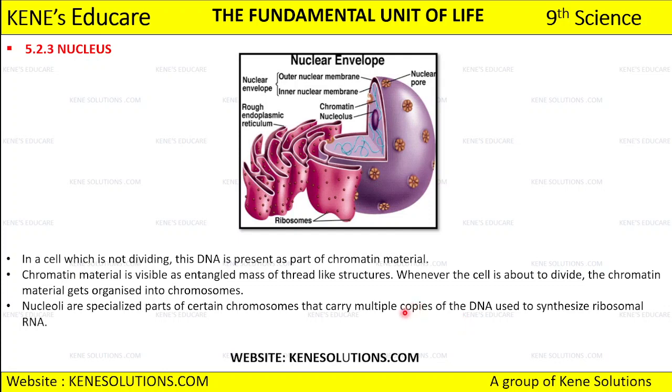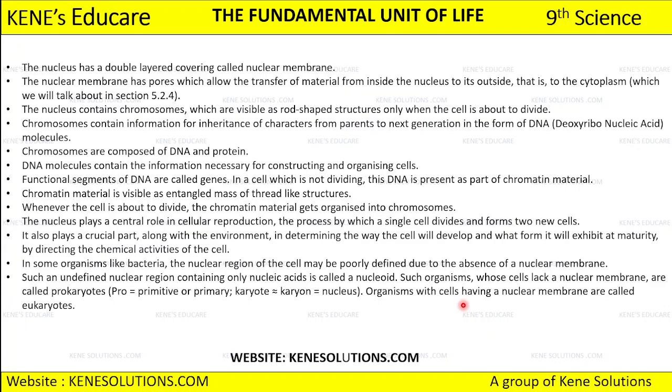What will they carry? Multiple copies of DNA, and once we have these multiple copies of DNA we are going to use this DNA to synthesize the ribosomal RNA. Okay, why will we use them? To synthesize the ribosomal RNA.